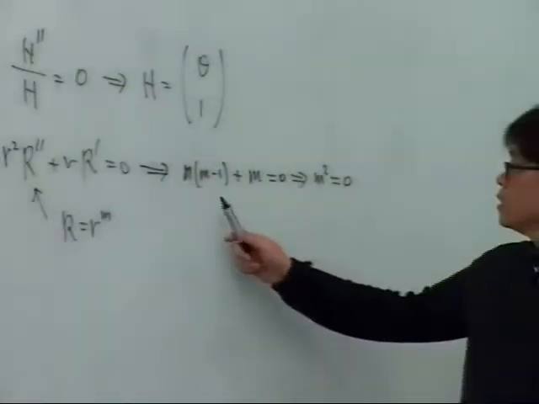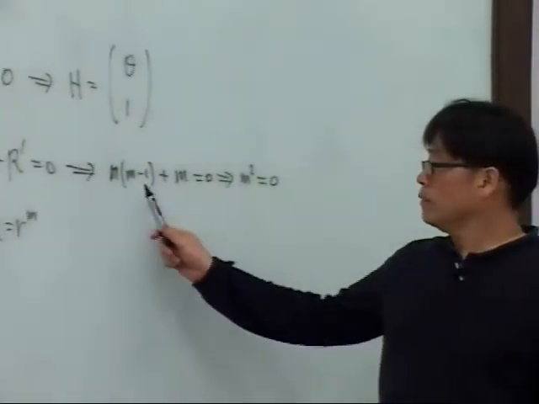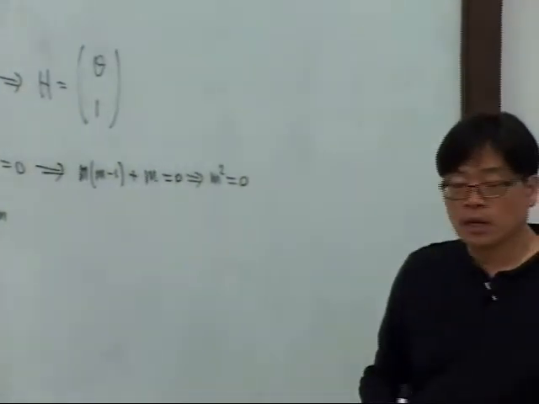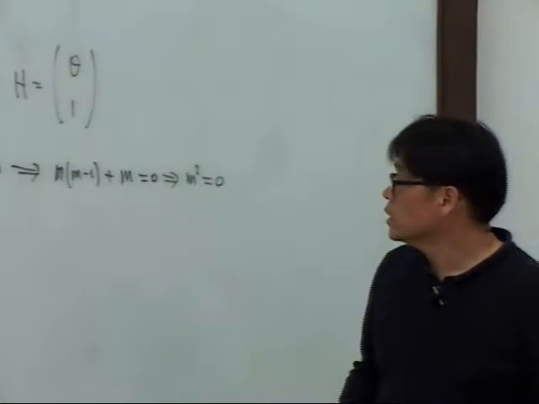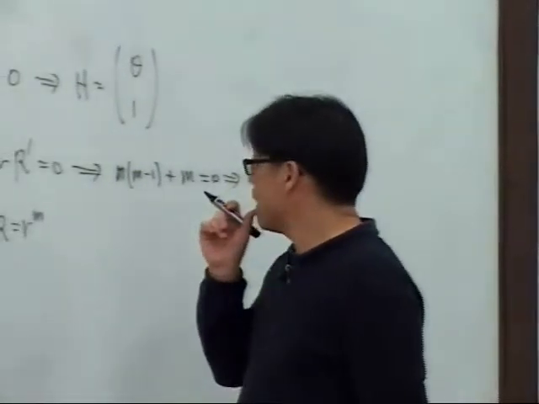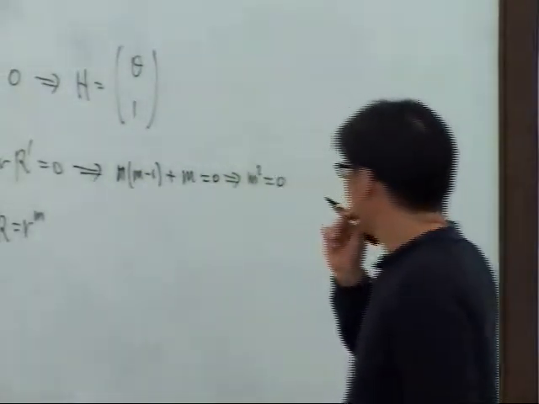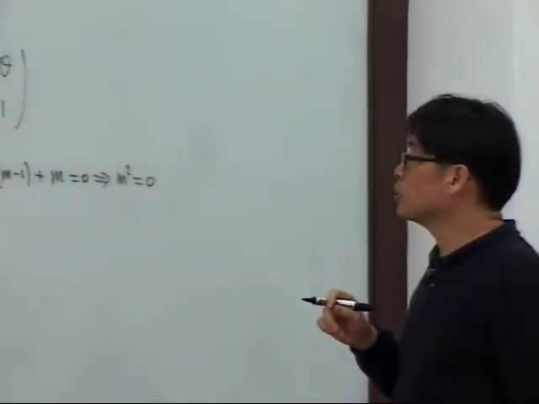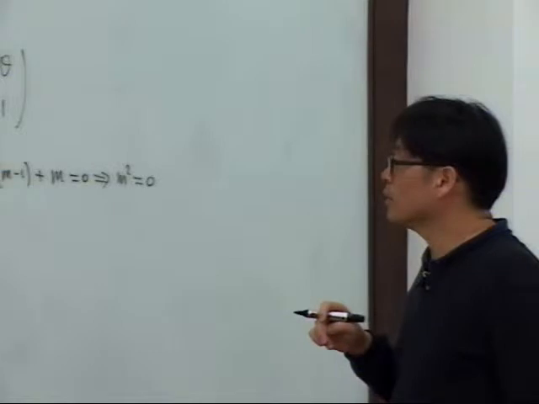And then we end up with this from the first term, and from the second term we get this. This might not be a general solution then.